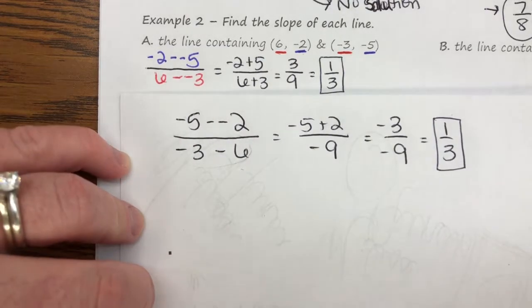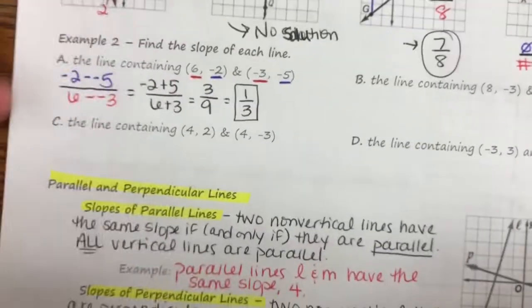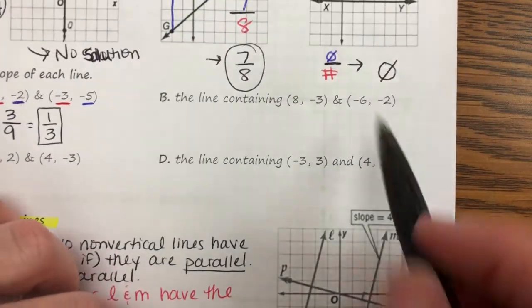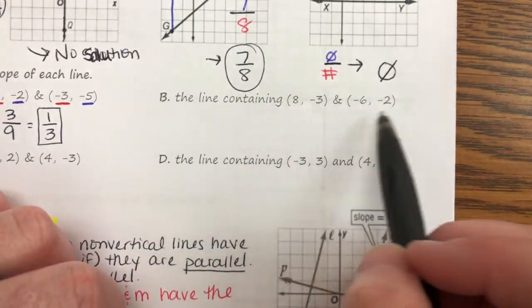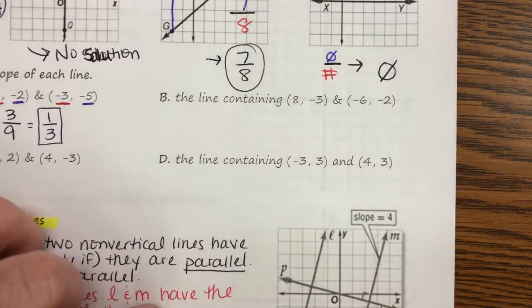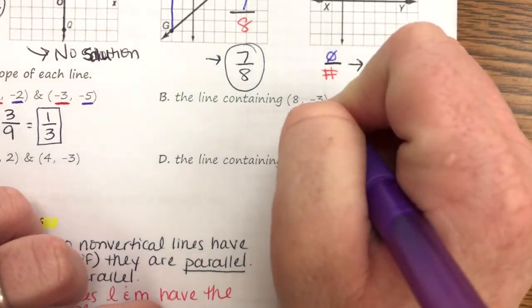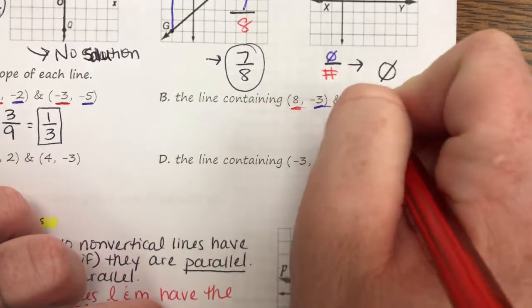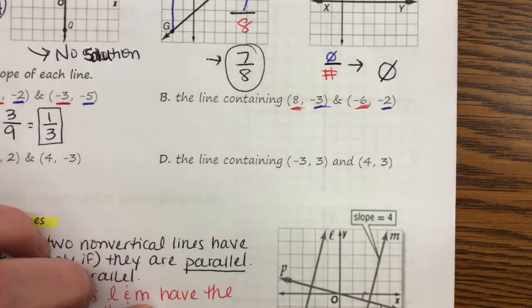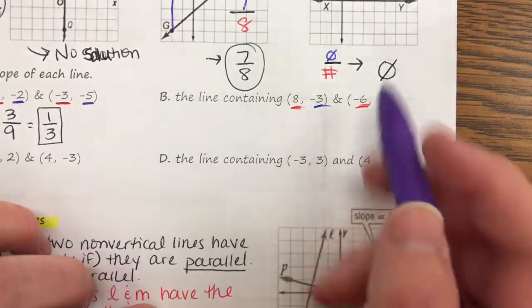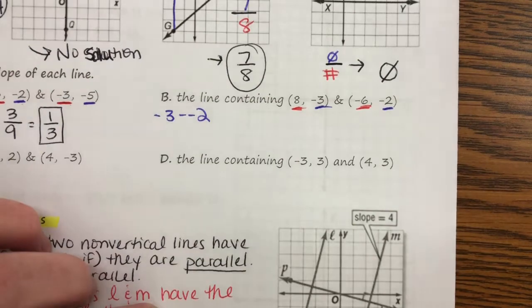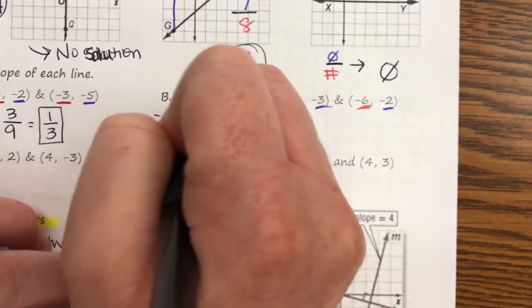That's the only rule. Okay, for B, the line contains 8, -3, and -6, -2. If we were going to graph an equation of a line, these 2 points would lie on the line. So I'm going to underline my y values and my x values. And slope is change in y over change in x. So I'm going to do -3 minus -2 over 8 minus -6.